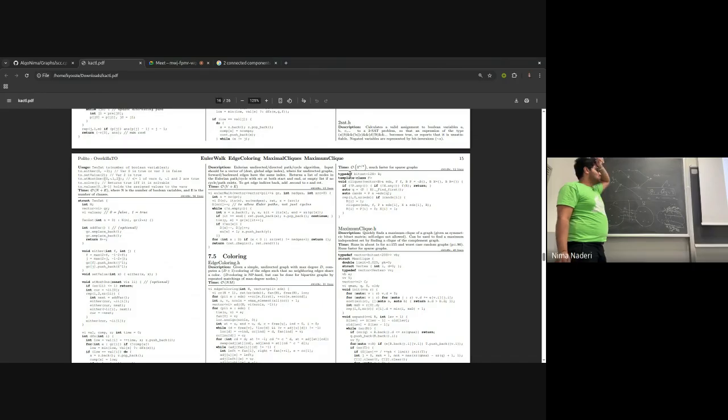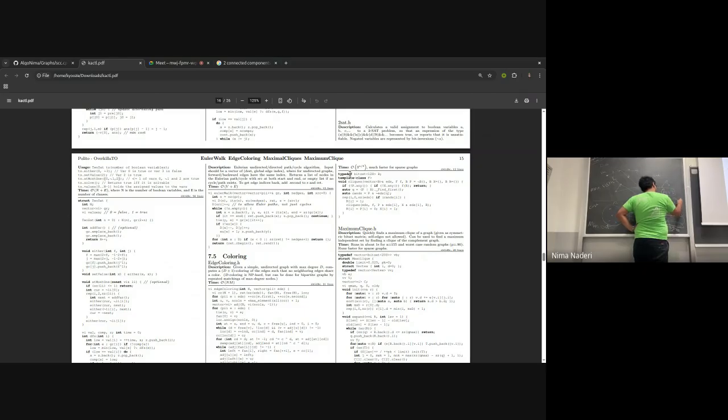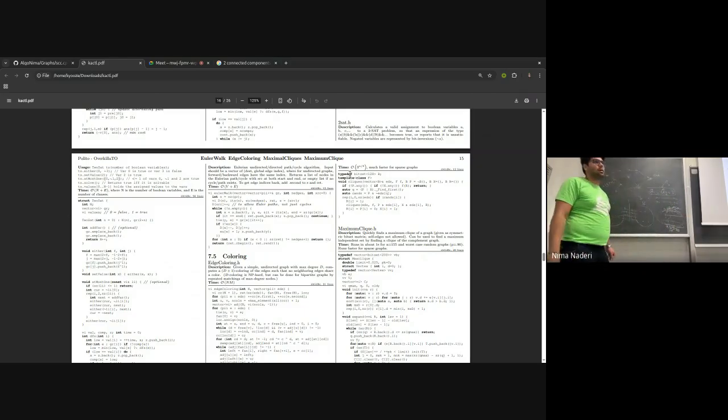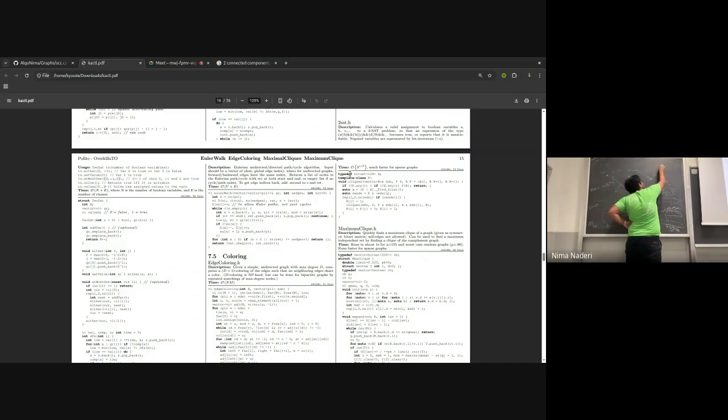The thing we do to solve it is we create a graph with two n nodes: n nodes for the normal vertices, and another set of n nodes for the complements. We add a directed edge from U to V with the definition that if U is true, then V would be true.